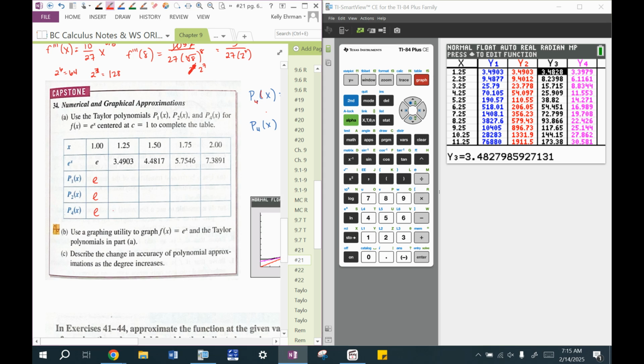Okay, starting that again. The first one was P4, 3.4903. The second one, P2, 3.4828. And then the line, 3.3979.